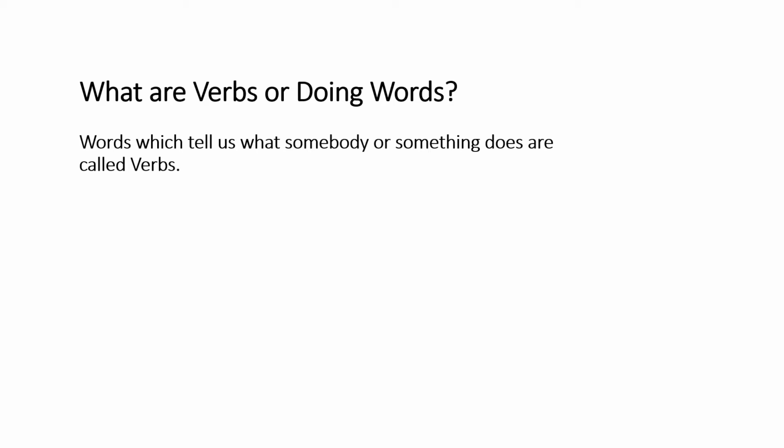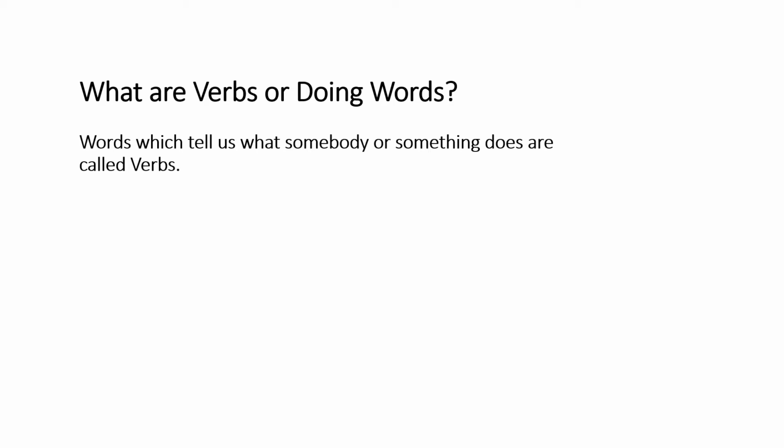Right? Now the definition for the word verb is also given on the screen. I will read it out for you. Words which tell us what somebody or something does are called verbs. Okay? Now here today we are going to learn something about verbs.